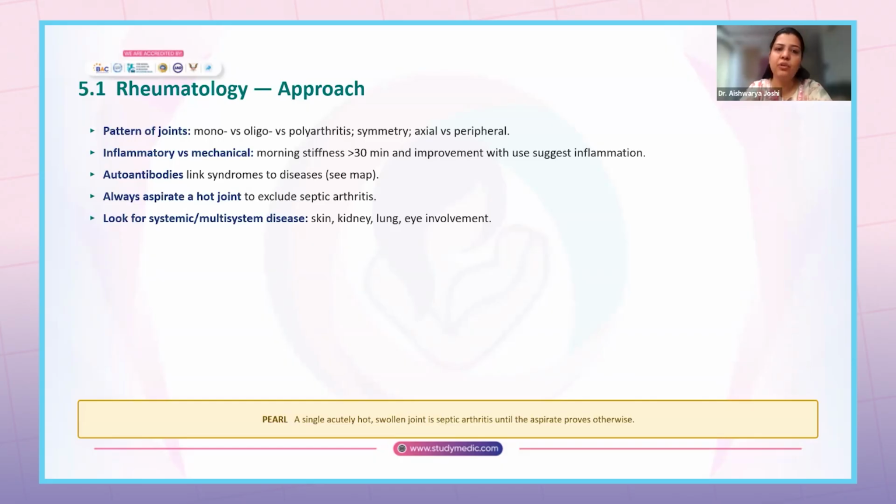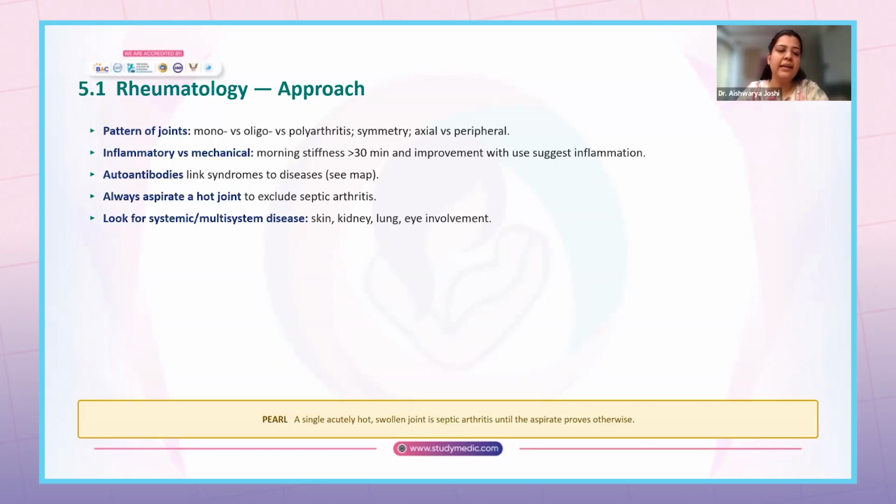Morning stiffness lasting for more than 30 minutes and improvement with use of the joint suggests inflammation. So if the patient wakes up with stiff swollen joints and doing activity around the joint improves the feeling of fullness or the feeling of pain, it is inflammatory arthritis.